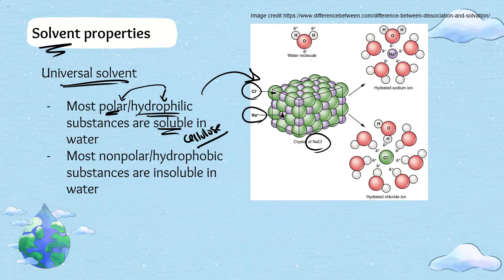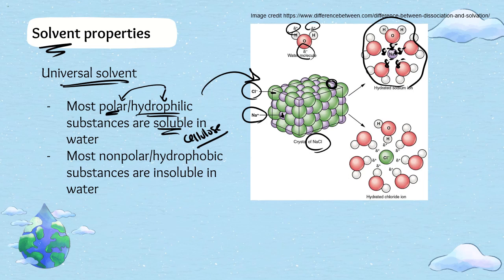Because water is partially negative and partially positive, opposites are going to attract. And so what happens is these sodium cations get surrounded by water molecules. Sodium is positively charged, and so it's going to be attracted to the partially negative oxygen side of a bunch of water molecules. And so we can build this whole bubble of water around the sodium cation.